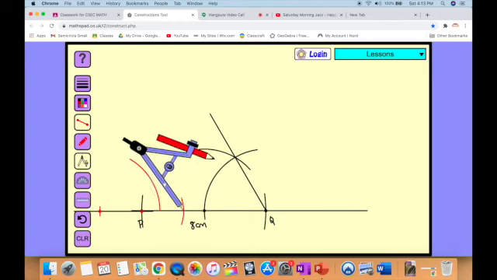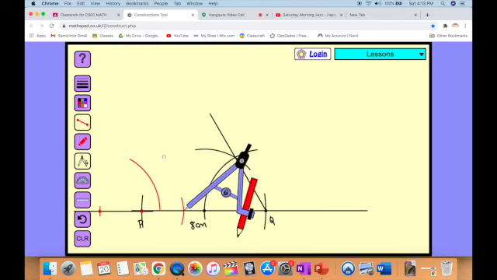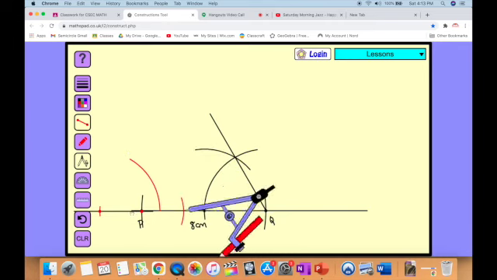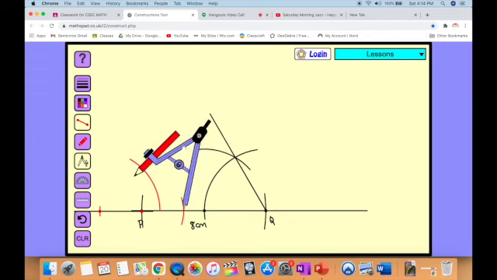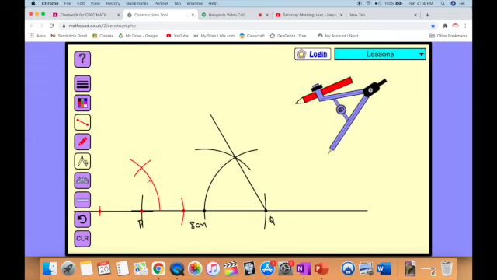And then come from this point with the same compass opening. I'll make a cut there. And this line here is 90 degrees. Right?